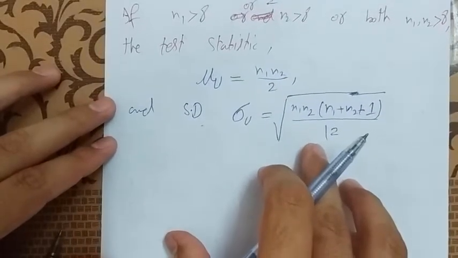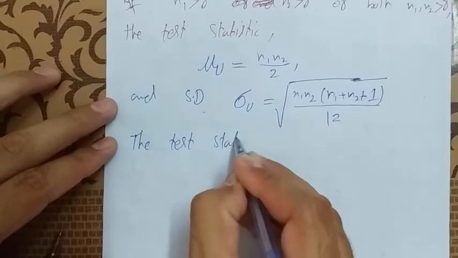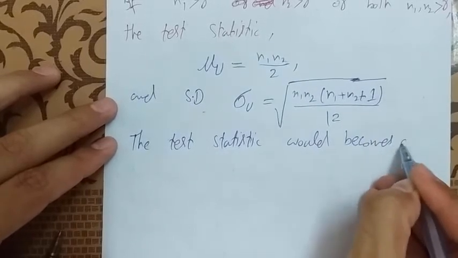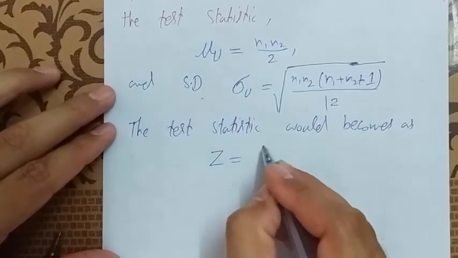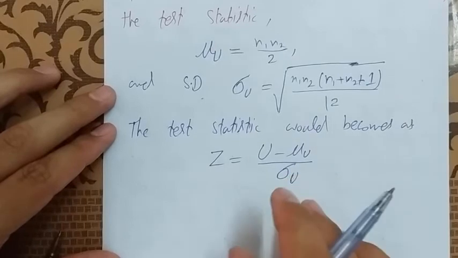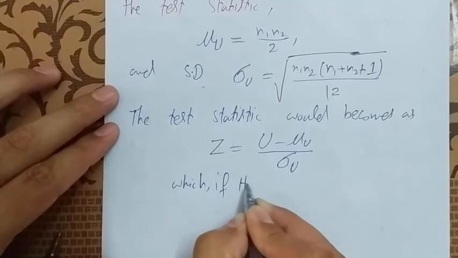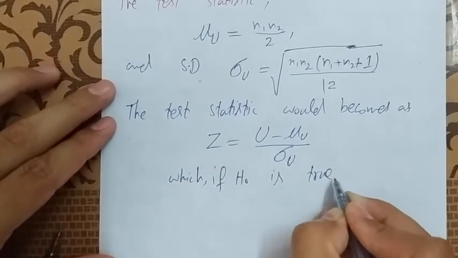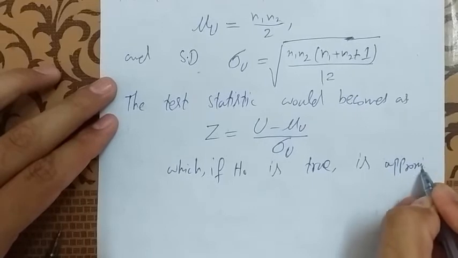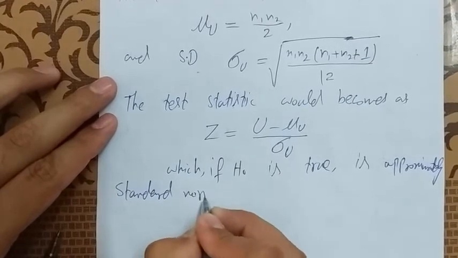The test statistic becomes Z equals U minus mu capital U over sigma capital U, which, if H0 is true, is approximately standard normal.